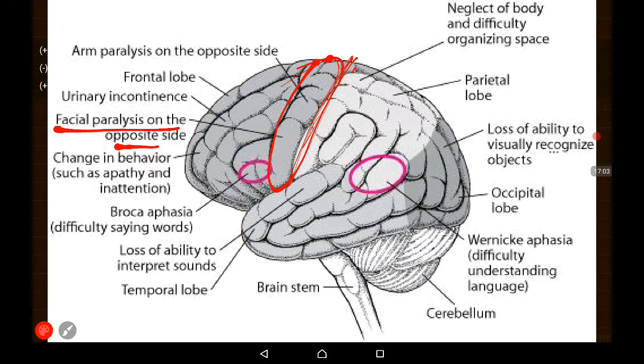And the postcentral gyrus is responsible for the sensation, for the somatosensory inputs, and the lesion of that part of the brain will result in the inability to be aware of the body parts.